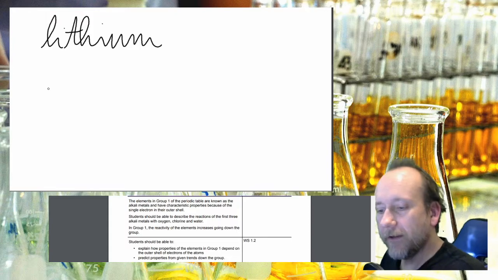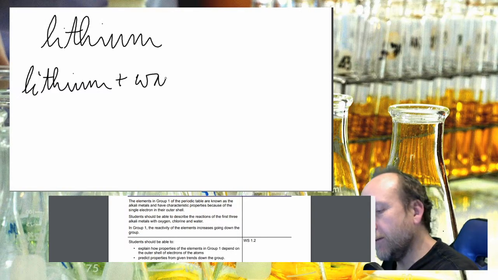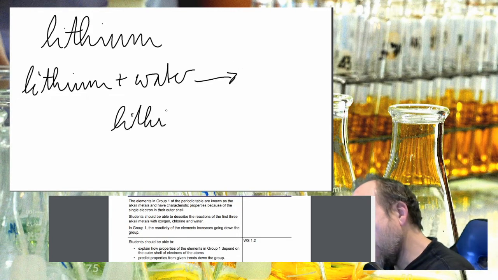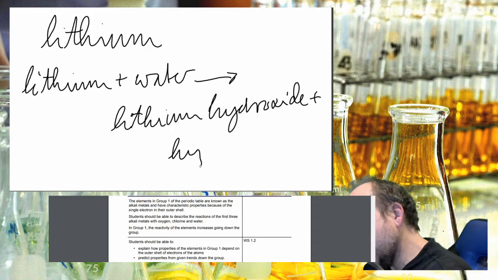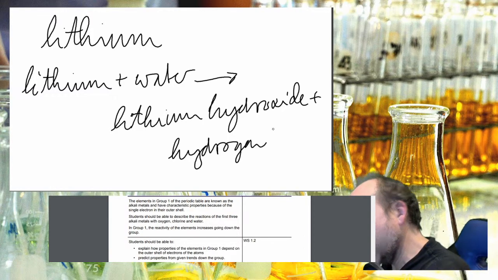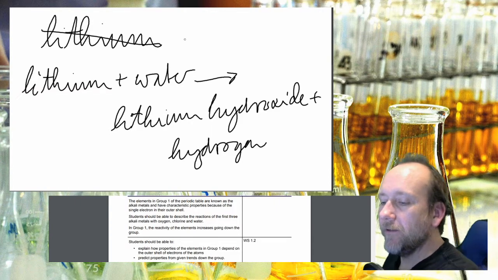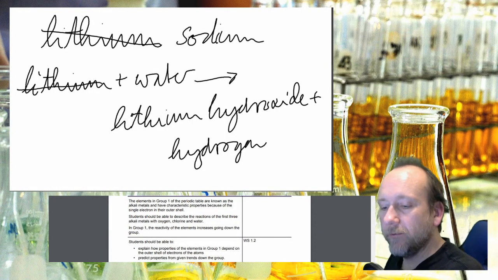So let's say you've got lithium, and lithium reacts with water to make lithium hydroxide and hydrogen. So now, if you want to substitute sodium, so it's no longer lithium of interest, it's sodium, then all you've got to do is replace lithium with sodium.